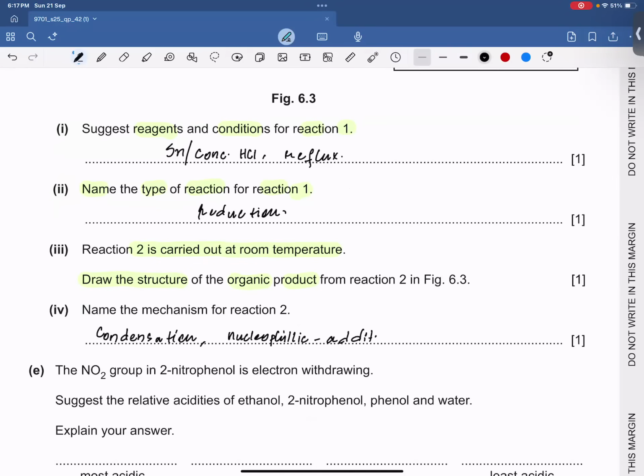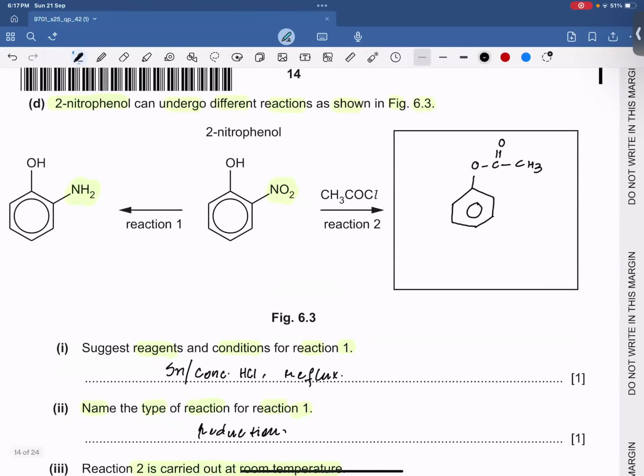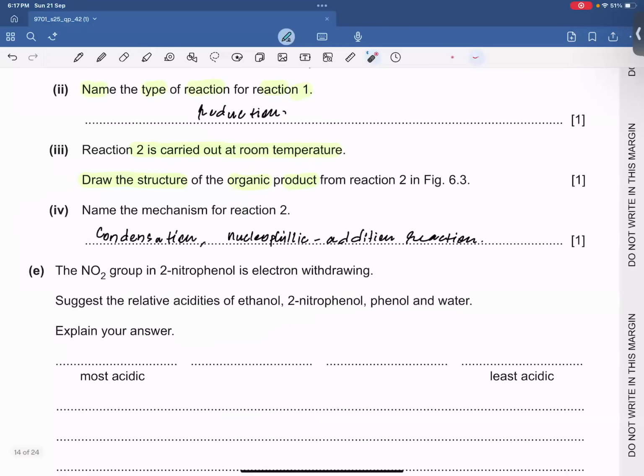Why nucleophilic addition reaction? Because both these two compounds are reacted together and form a product. Since HCl is removed during the reaction, it is also called an elimination reaction. So this reaction has multiple names, but I think these two are the most common ones.